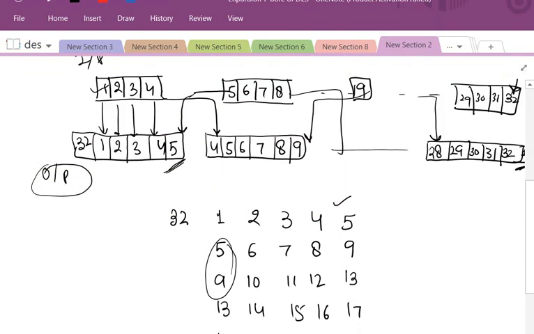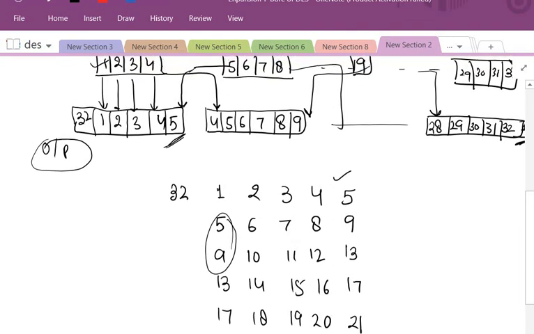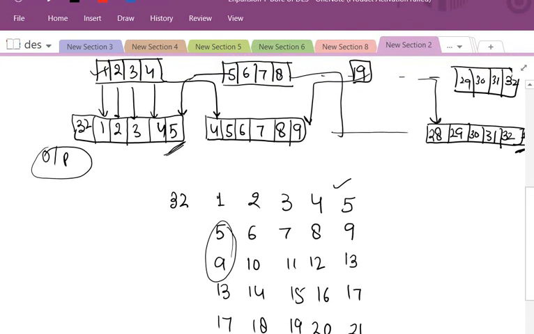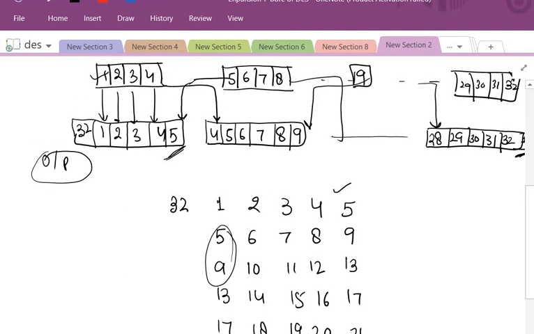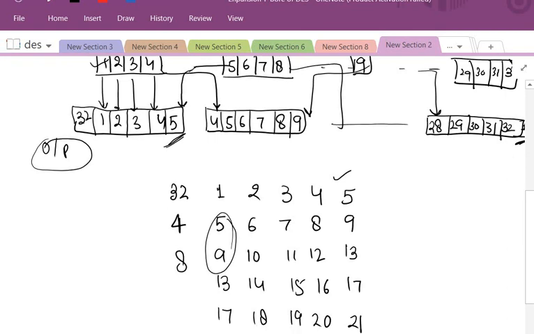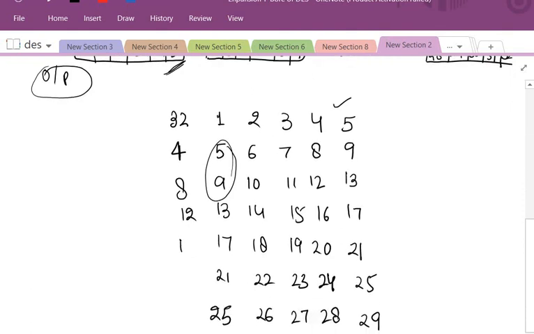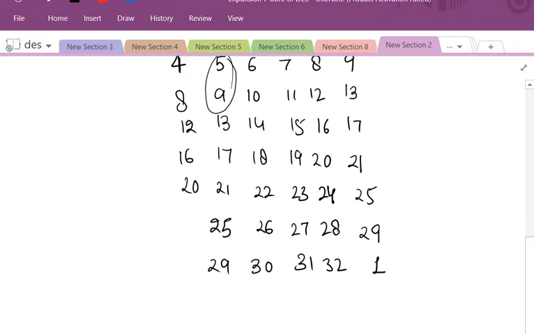Again for the 32, what will be the second value? The second value will be 4, 8, 12, 16, 20, 24 and 28.